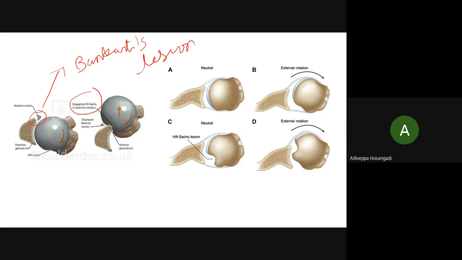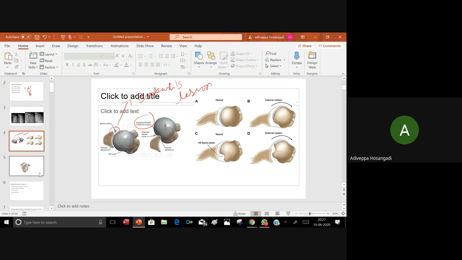It looks like a crater, named by Hill-Sachs. Please remember this. We have some questions based on these lesions. We'll come to that. But if you understand this, it is very easy for you to understand the anatomy.